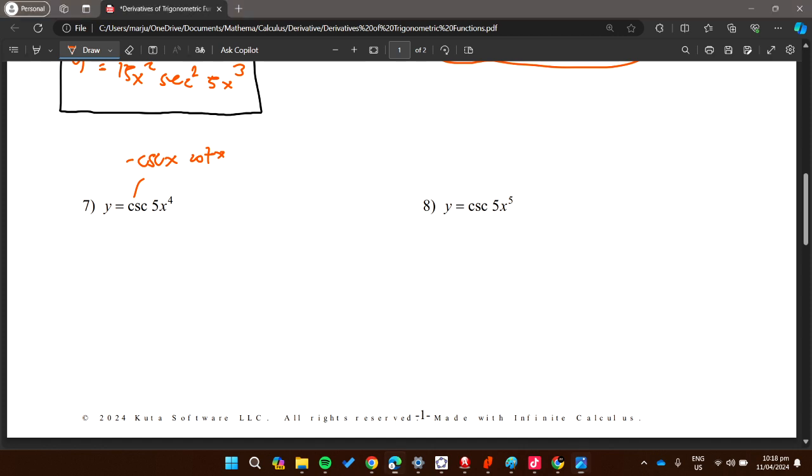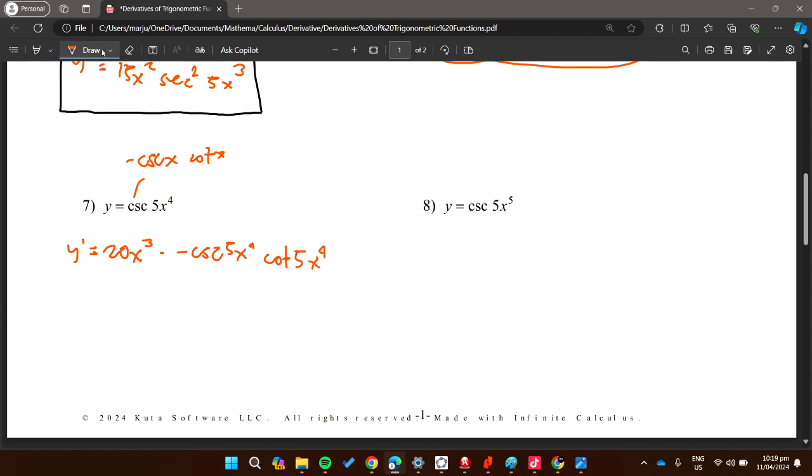Alright, so let's do that. Number 7: take the derivative of 5x to the fourth power. That is just 20x cubed, right? So we have y prime equals 20x cubed times negative cosecant 5x to the fourth power, and then cot 5x to the fourth power.